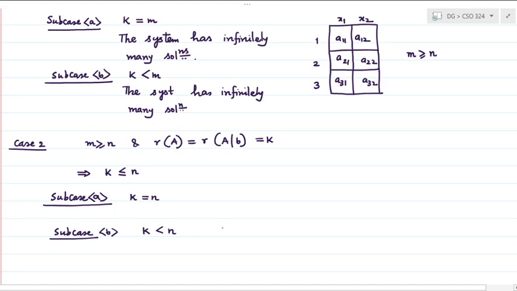And in this case, for k equal to n, k is equal to n means the number of variables and the rank are the same.